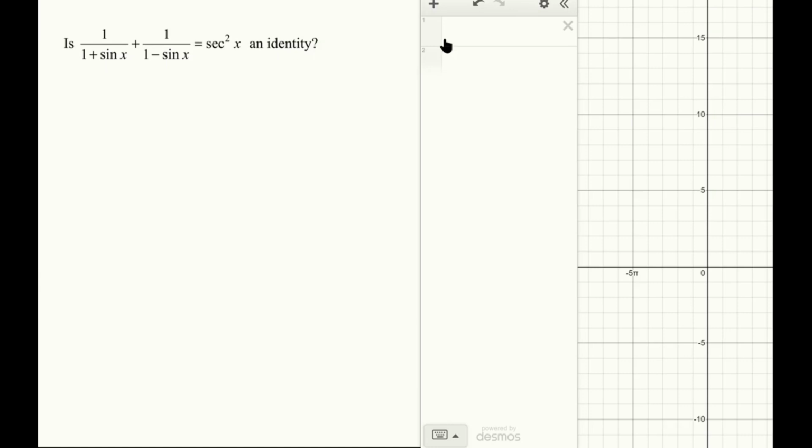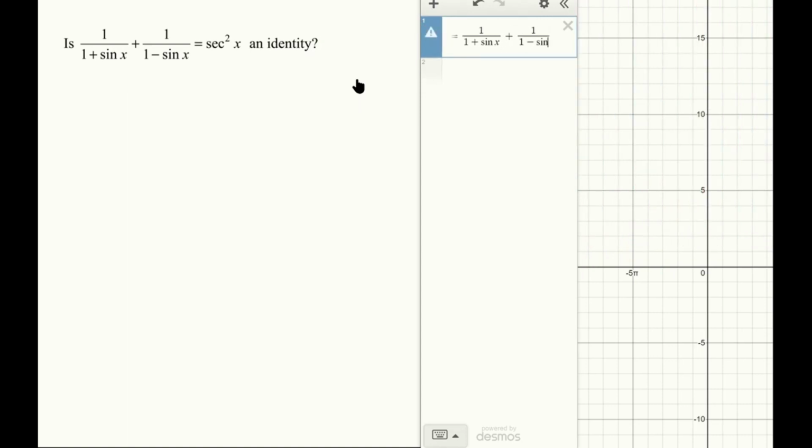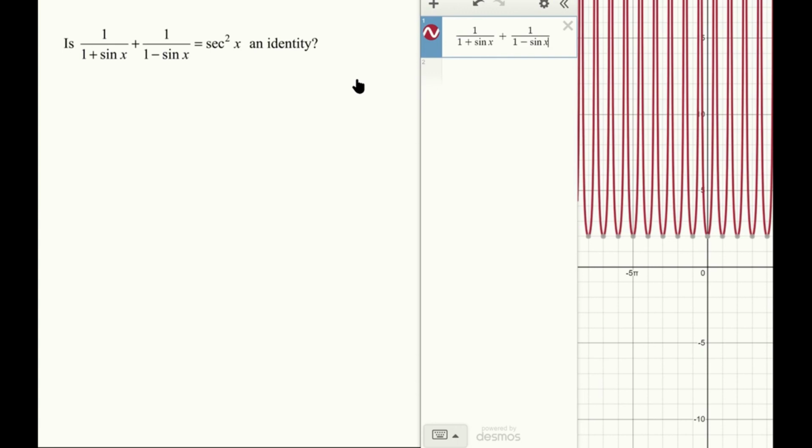And if we graph the left side of this expression, we get f of x, or y, doesn't matter which one you use, equals 1 over 1 plus sine x plus 1 over 1 minus sine x. So we get that graph.